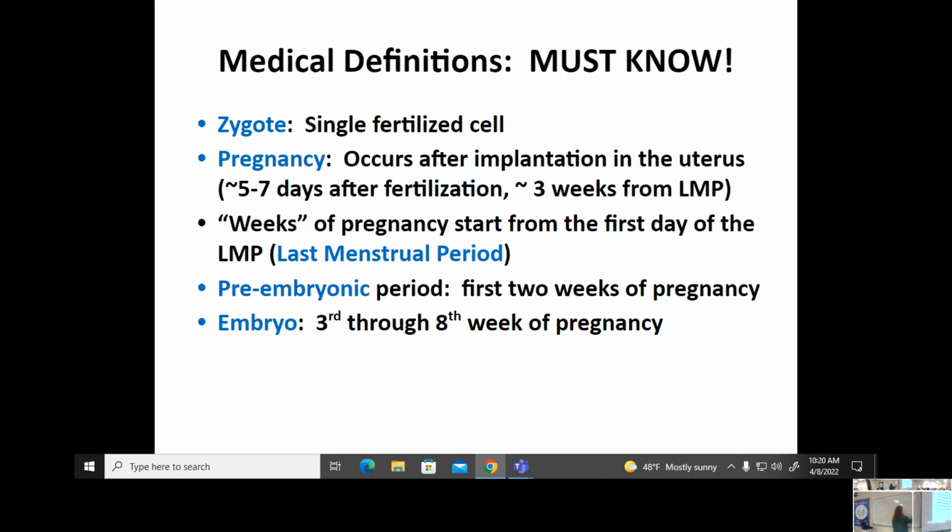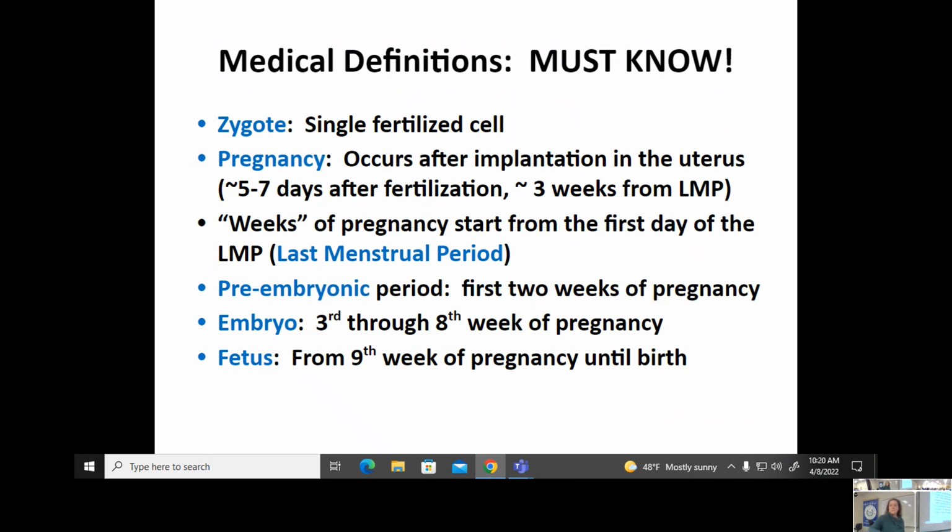And then the rest of the time, from the new being's perspective, it is called fetal stage, which should be the next pop-up. From the 9th week until birth. And a lot of general public people will call it baby the whole time.